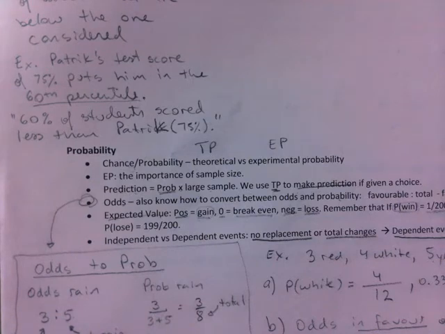So basically, if you're anything above the 50th percentile, you're above most of the class. Because 50th, 51st, 52nd, all the way to 99, if you're at the 99th percentile, most people scored below you. If you're below the 50th percentile, more people are above you than below you.